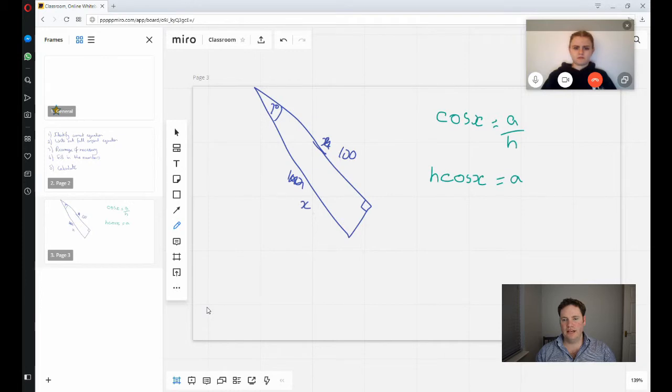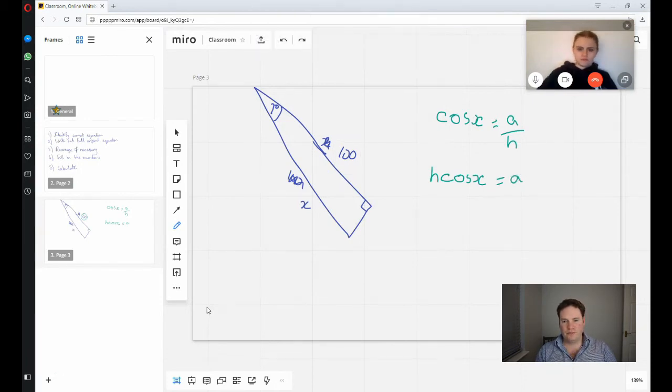What is h? What is the hypotenuse on that triangle? The 100. No. So the hypotenuse is the longest one, which is... Oh, yeah, because the right angle's on that side. Yeah, got it.